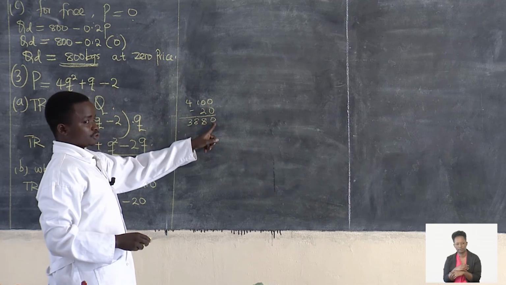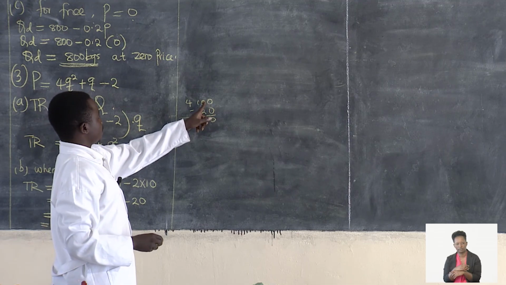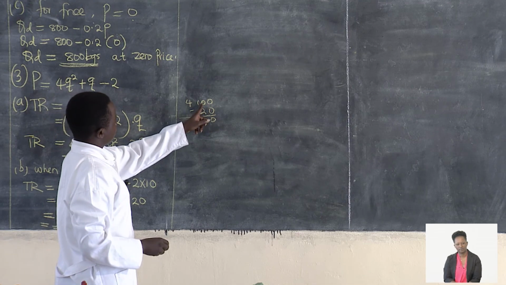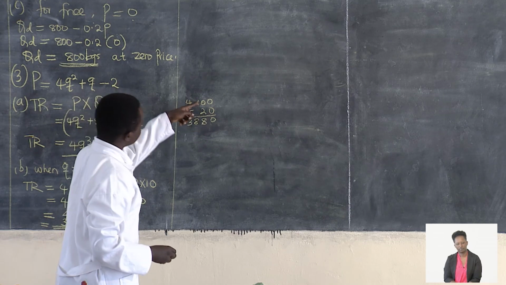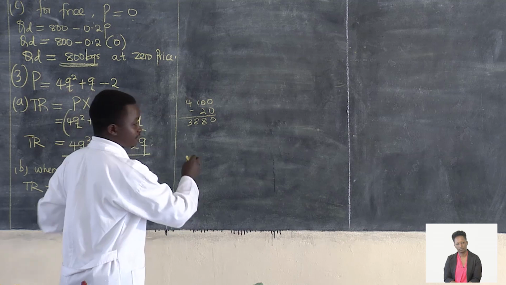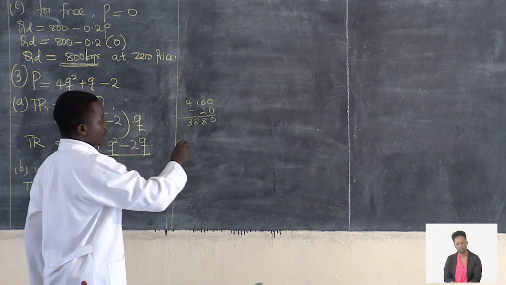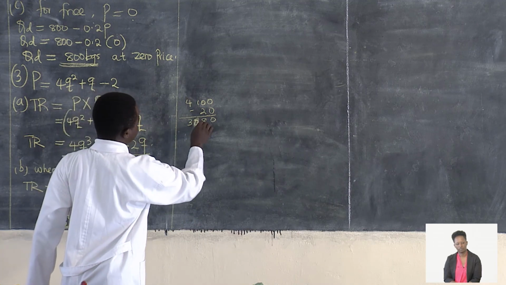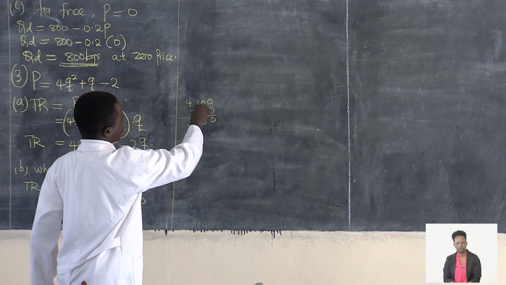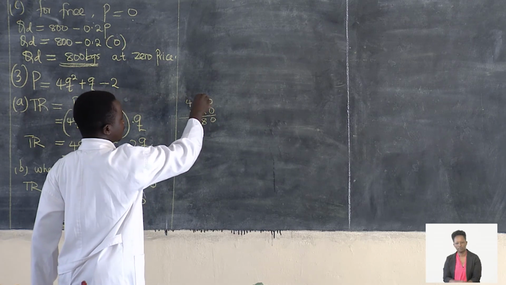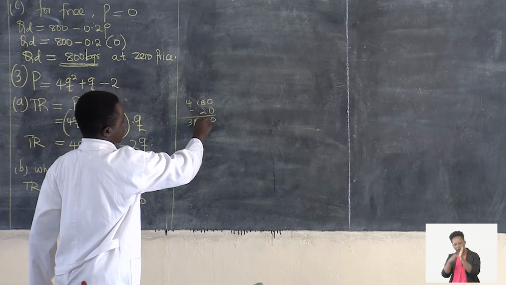0 minus 0, 0. 0 minus 2, impossible. So you borrow 1 here, it becomes 10. 10 minus 2, you get 8.